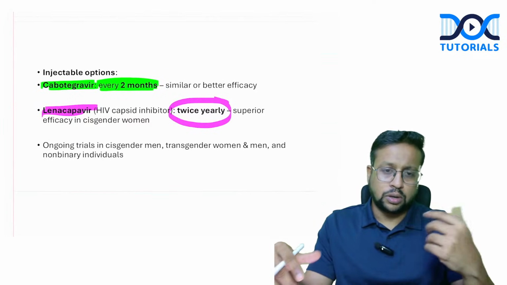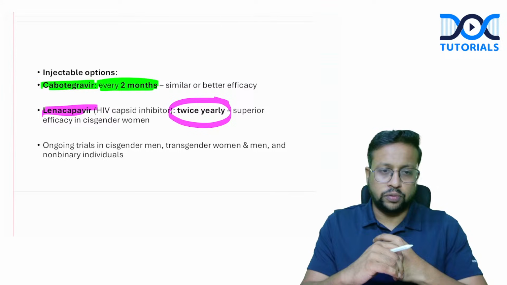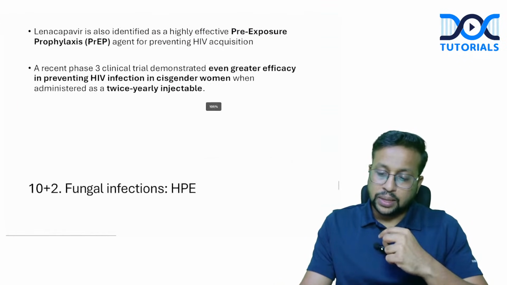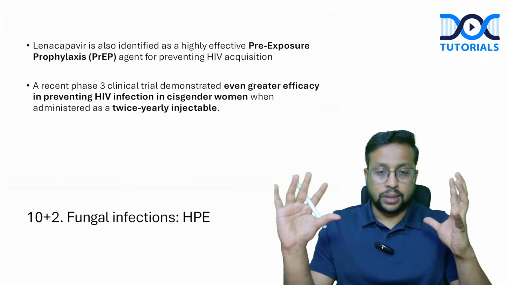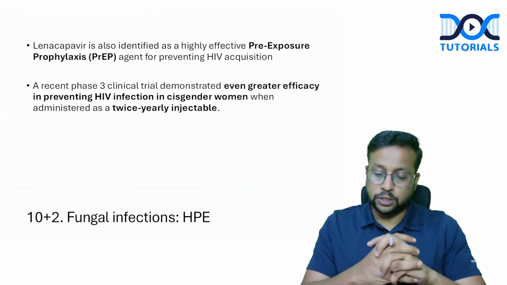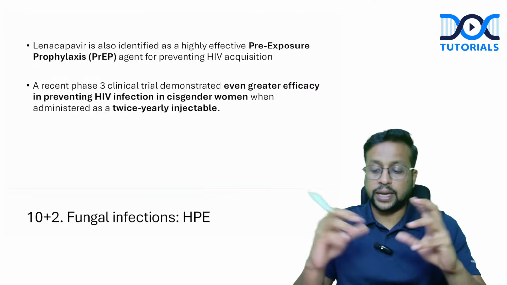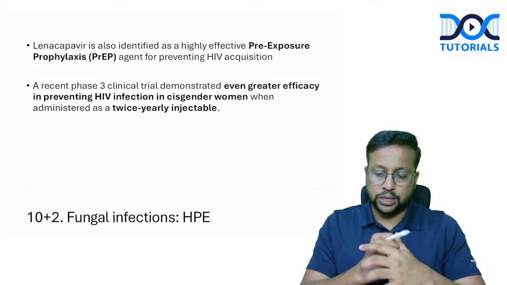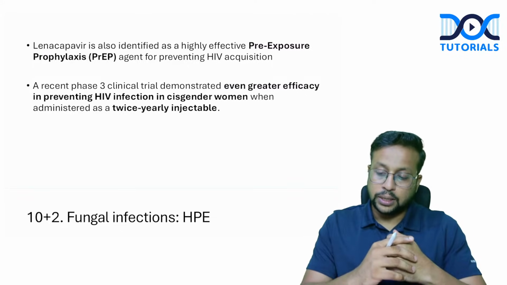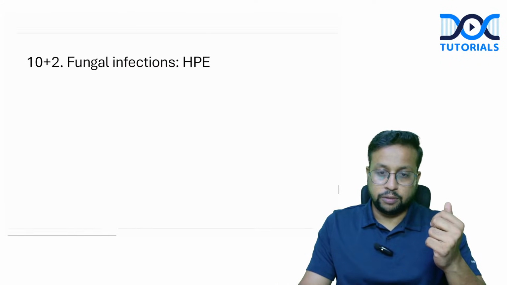There are also ongoing trials in other groups of individuals. So lenacapavir is now approved as a pre-exposure prophylaxis agent to prevent HIV acquisition. Okay, so that is regarding HIV.